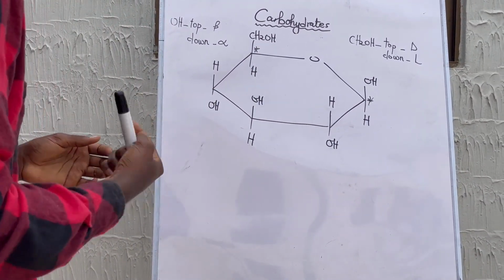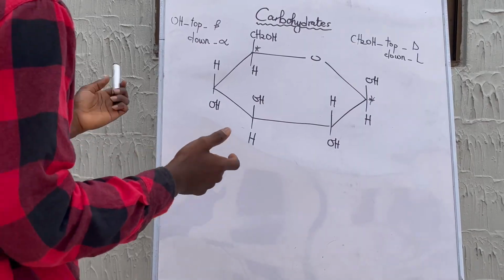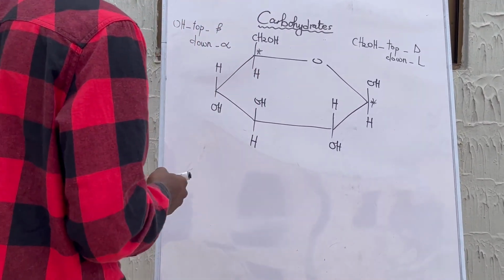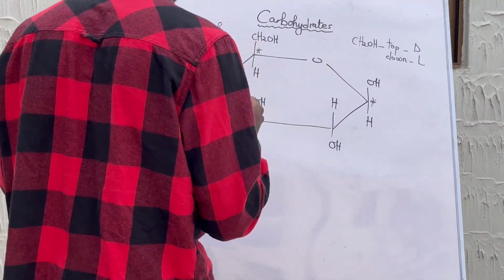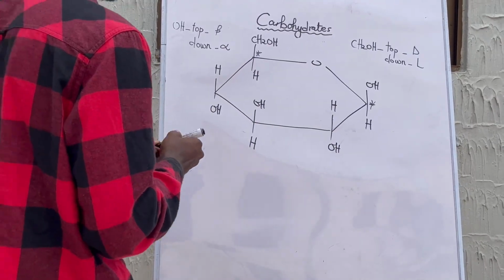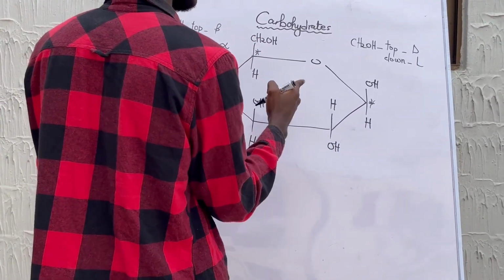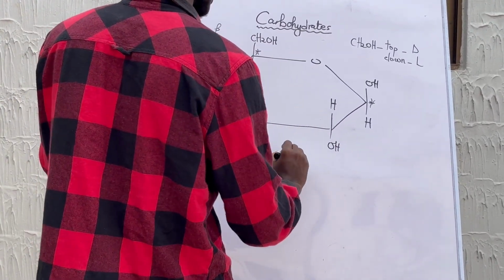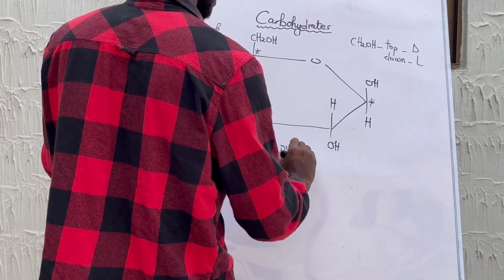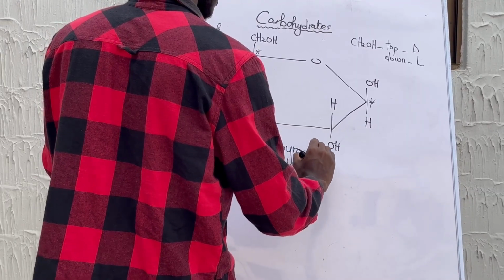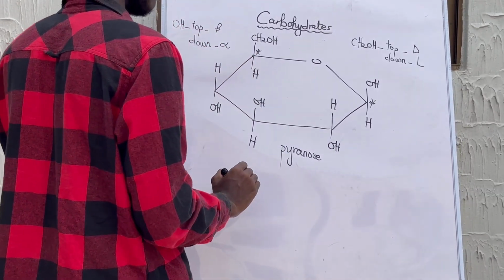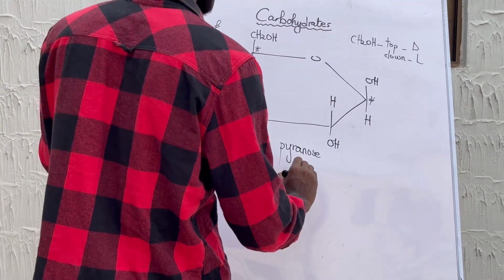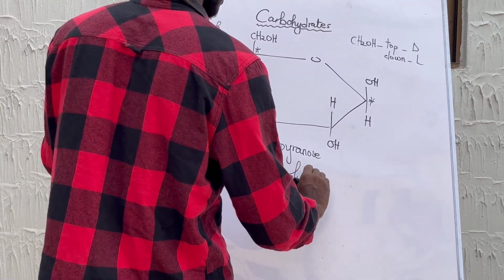Now let me show you something here. In our nomenclature, if you see a 6-member ring, like what you are seeing here, we are calling this one pyranose. So in this 6-member ring, it's a pyranose. A 5-member ring is a furanose.